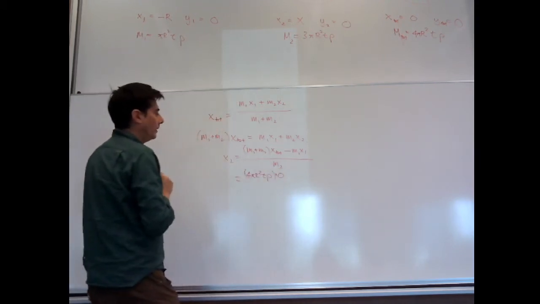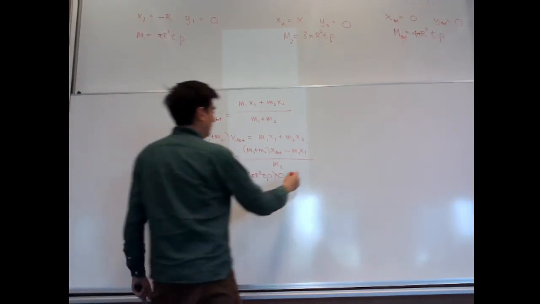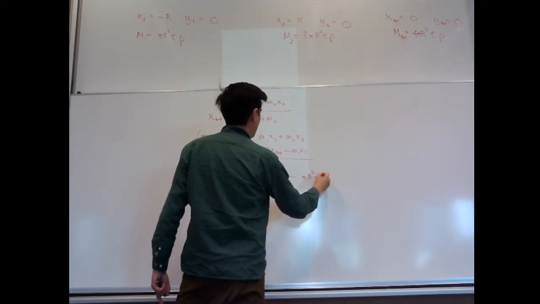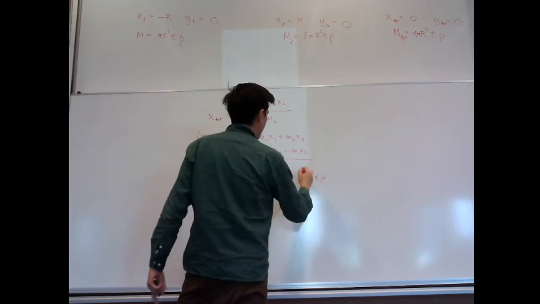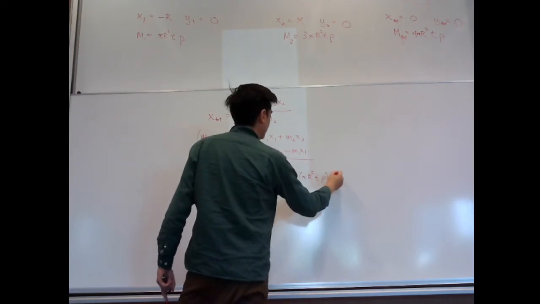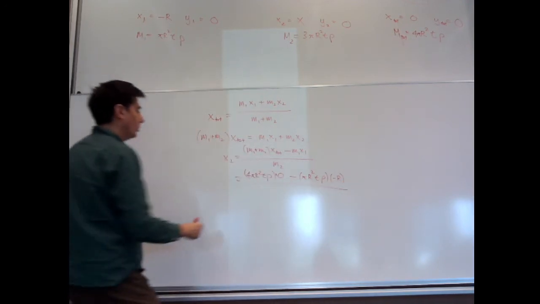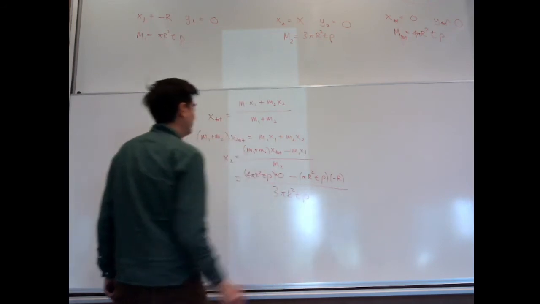But then minus m1, which is pi r squared t rho, and x1 is actually minus r. And we divide all this by m2, which is 3 pi r squared t rho.